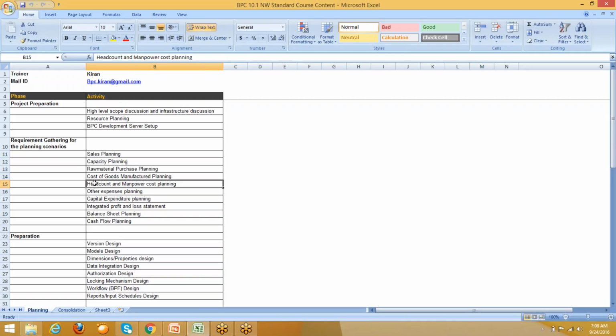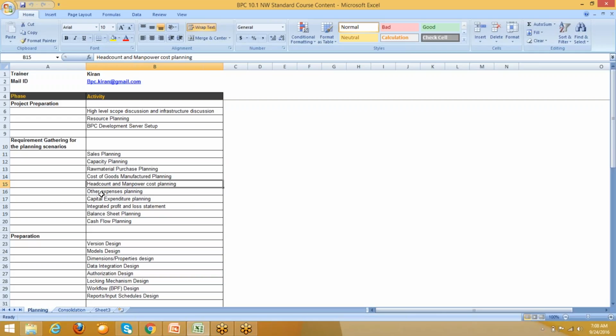Headcount and manpower cost planning. What is my existing headcount? What is the existing headcount cost in the future? Because this year I am paying 100, next year I am not going to pay 100, I am going to give some hike. Right? What is my next year manpower cost? There are some vacant positions.